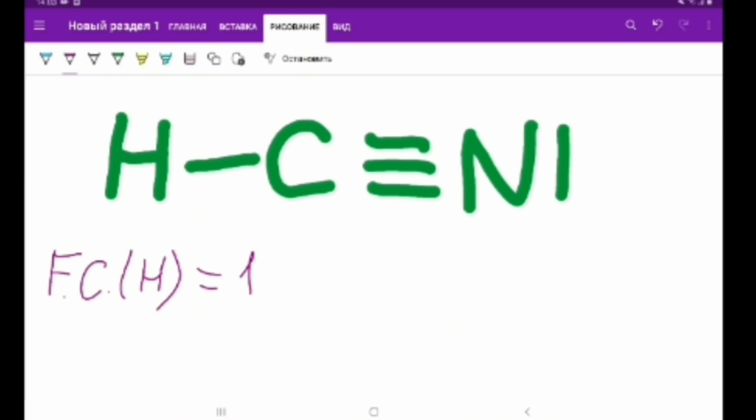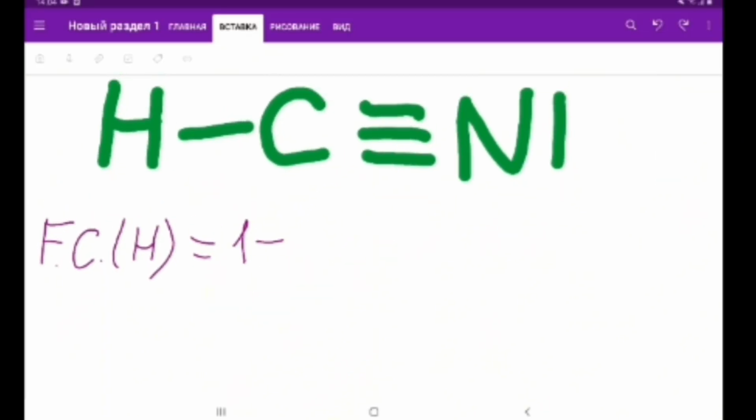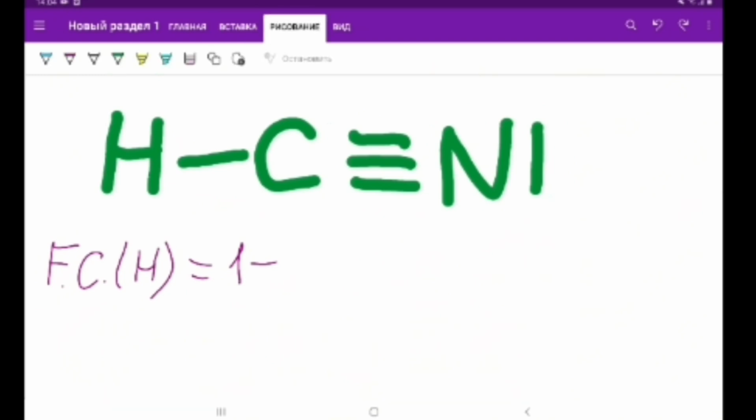Hydrogen has only 1 valence electron, minus number of free electrons, but around hydrogen there are no free electrons, no free pairs. So number of free electrons will be 0, minus number of bonds. We see only one bond around hydrogen. It is 0. So formal charge for hydrogen is 0.